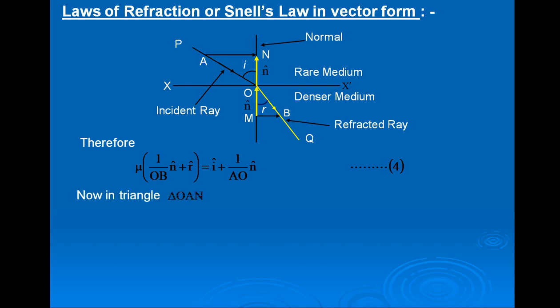Now in triangle OAN, ON upon OA is equal to cos I, base upon hypotenuse is equal to cos. Therefore, ON upon OA is equal to cos I, or 1 upon OA is equal to cos I, because ON is the N cap unit vector.